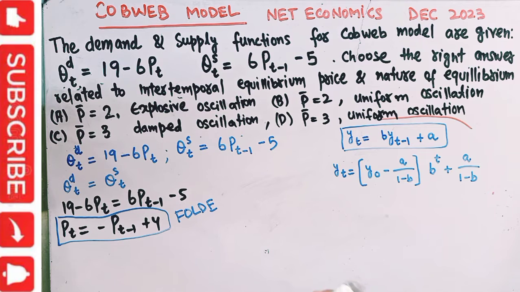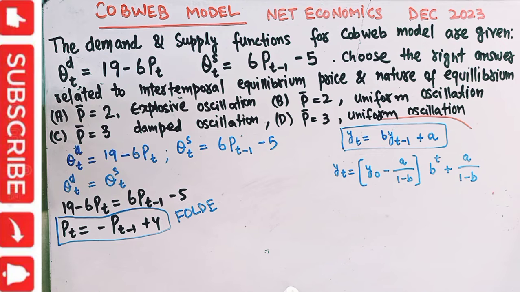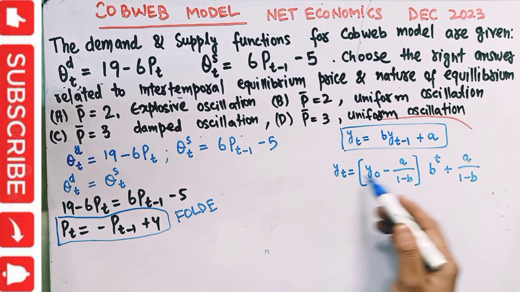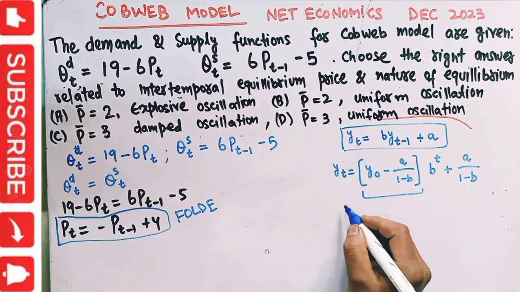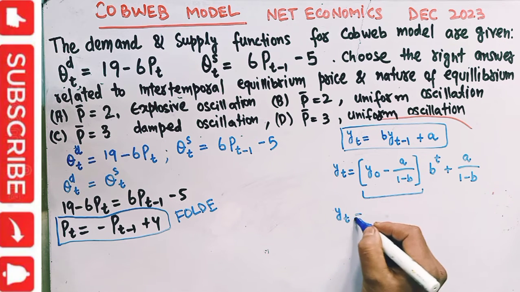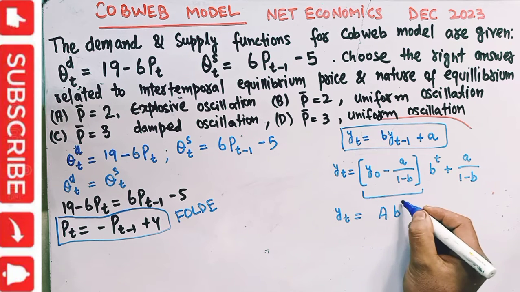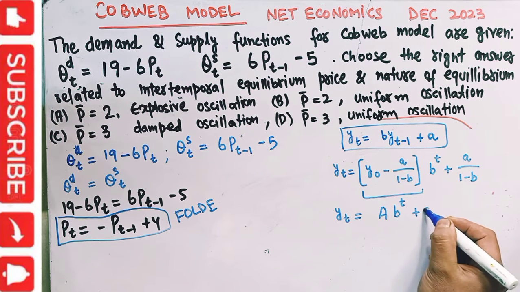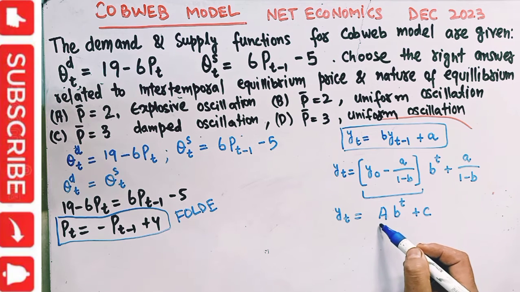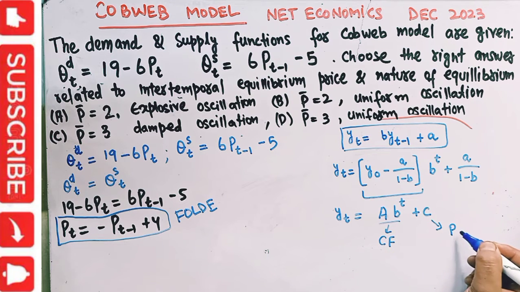The general solution of this first order linear difference equation is given by this expression. Here, if we write the first term as A times b to the power t, and a upon 1 minus b as c, the first term denotes the complementary function, and c denotes the particular solution.